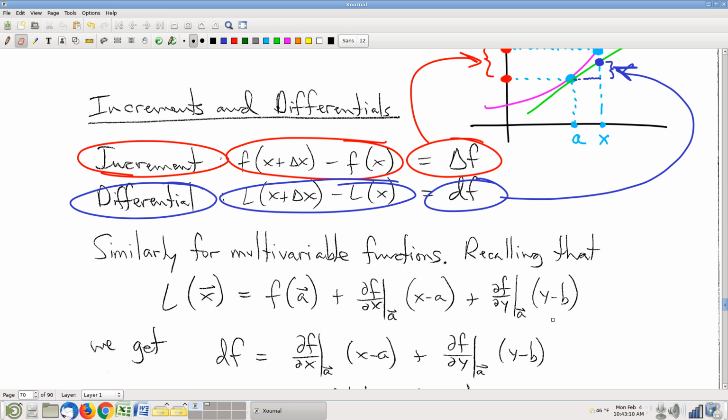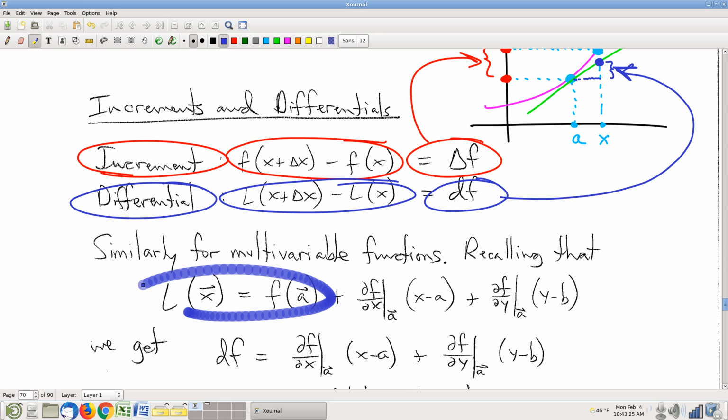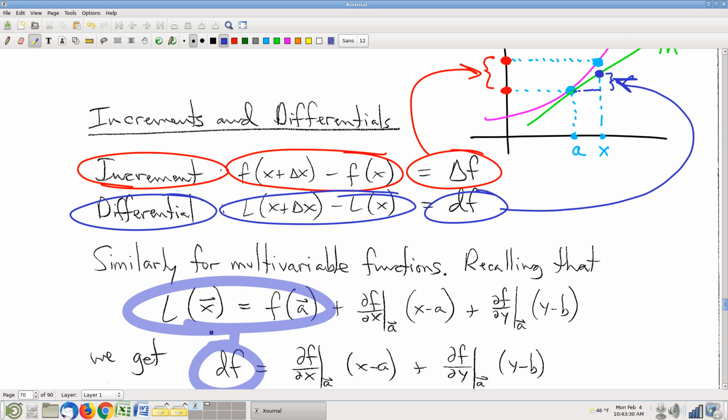Okay, so this being our linear approximation, the difference between the starting value and our linear estimate of the ending value, there's our differential. Oh, here, let me use colors consistently. So this difference gives you our differential, df.